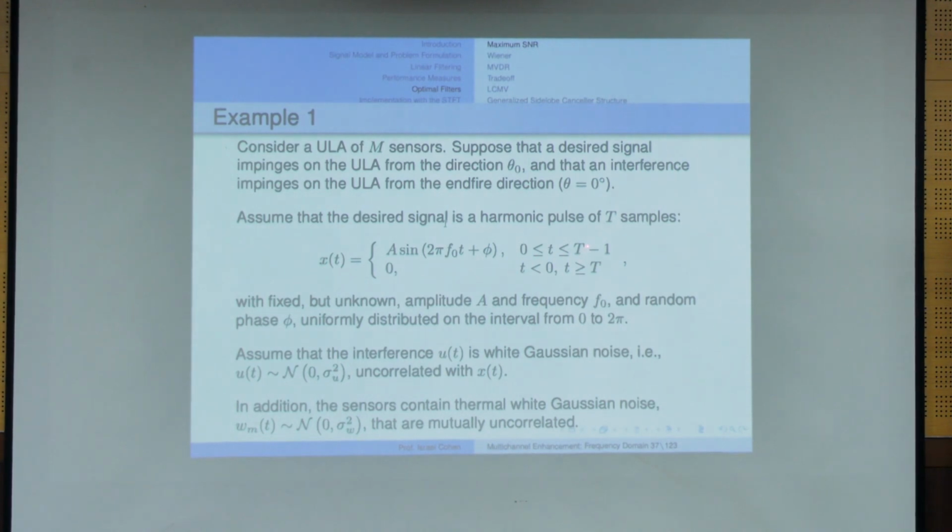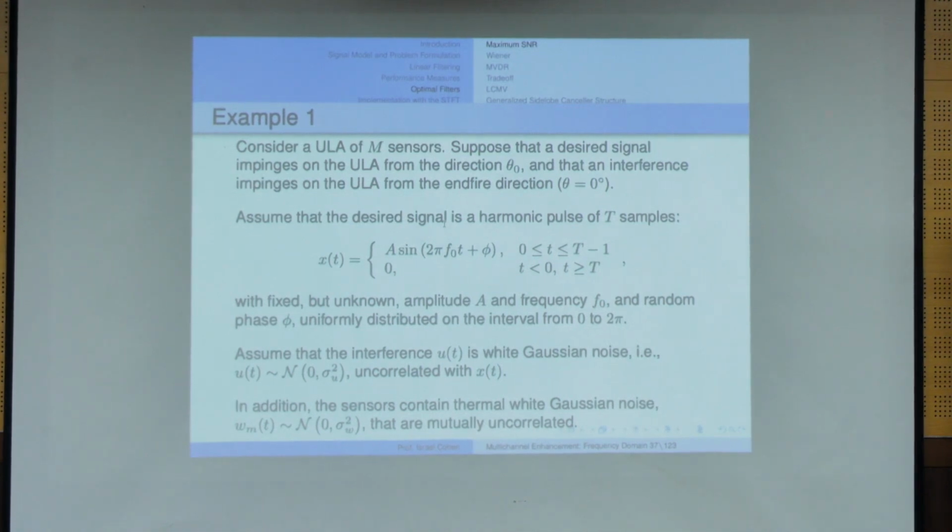We have capital T samples of a sinusoidal signal with a constant amplitude and frequency f0, and the phase is uniformly distributed on the interval between 0 and 2 pi.